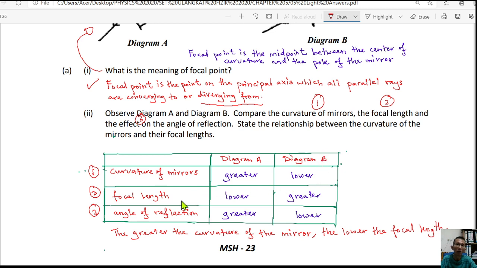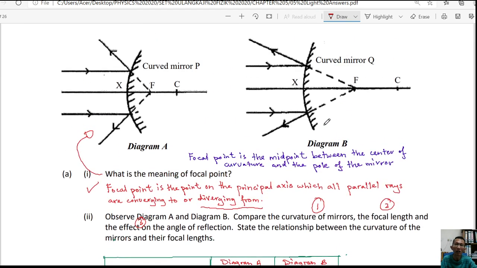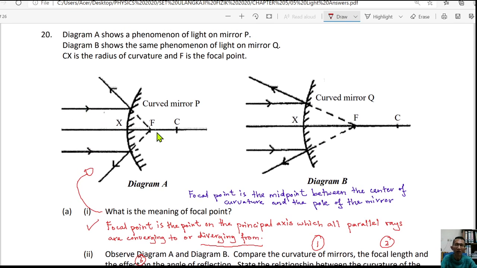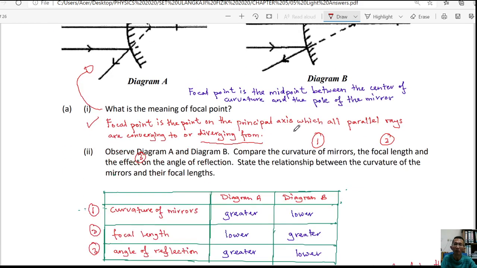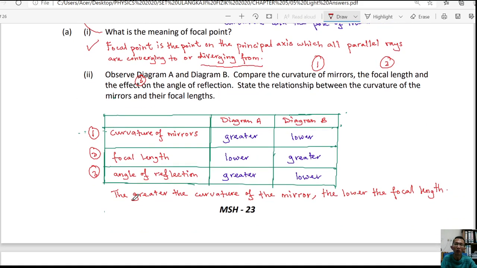Now next one, the focal length. So F is my focal point. So X to F is my focal length. Okay, so X to F here is my focal length. So just by looking at the picture, compare the focal length. So I can see A is lower, B is higher. Alright, so we just write in our table A is lower, B is greater.